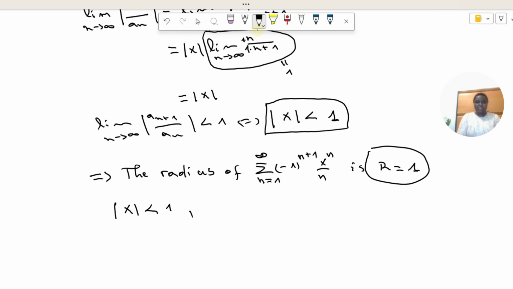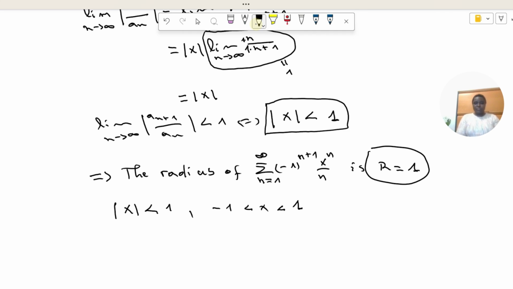So this means that minus 1 is less than x, and x less than 1.